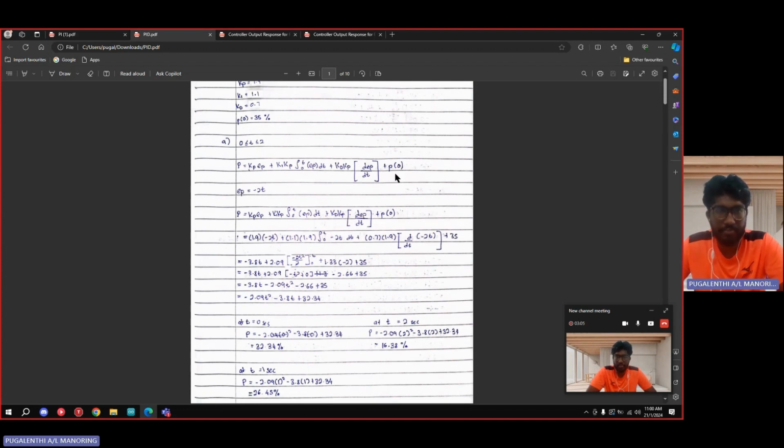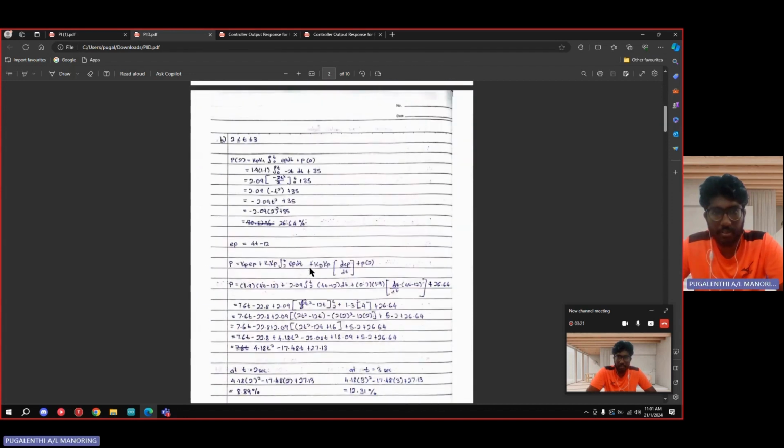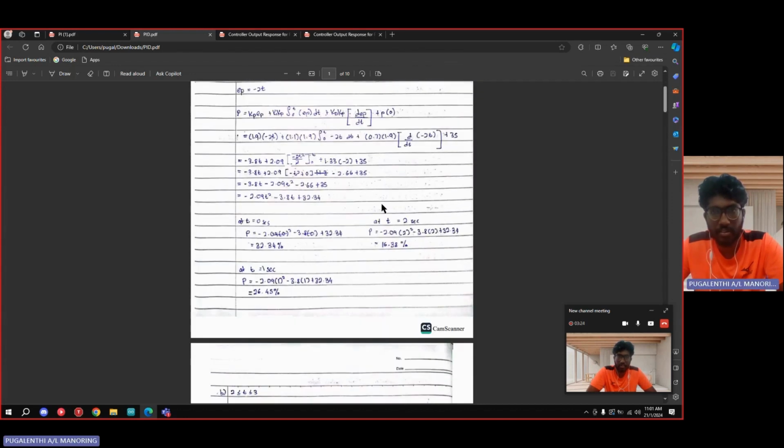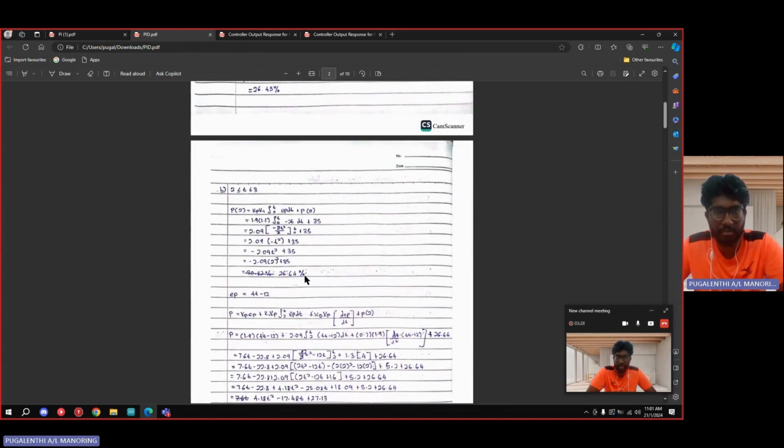For the first part, I used the P0, which is 35%, and I substituted the values into the formula. So I got these values as my answers. And for the next part, the values for the PID controller are not the same as the PI controller.